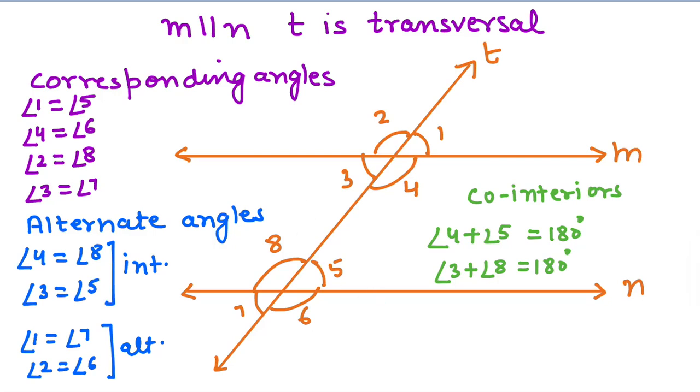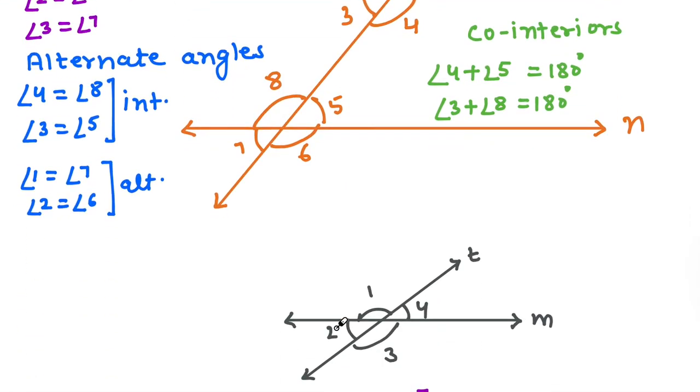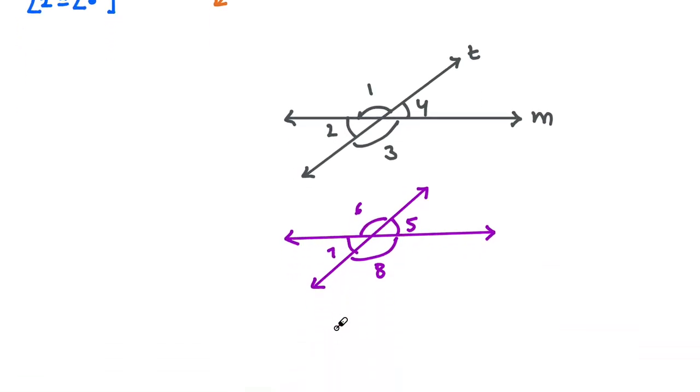But if we just ignore line N and see only T and M, they will show the properties of intersecting lines. Similarly, if we ignore M and see line N and T, they are showing a pair of intersecting lines. So even though our question is about parallel lines, we can use these properties also.